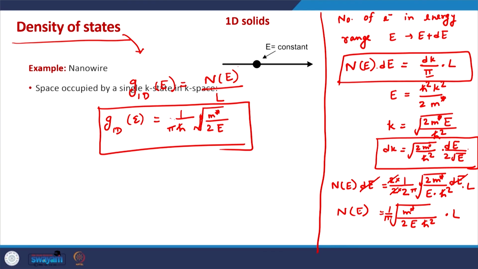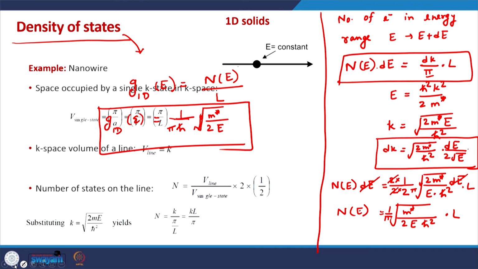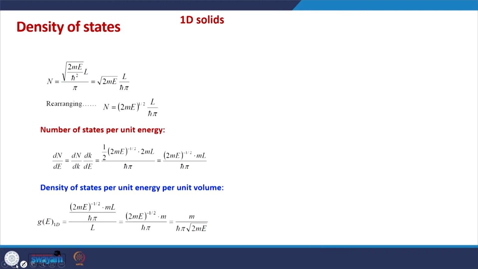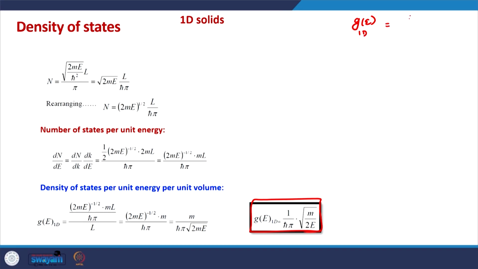So, I am sorry for missing this factor. Ultimately the final expression for the density of states in 1D solids will be this. So, G(E) for 1D solids is 1 by pi h bar square root of m star divided by 2E. It should be m star here.